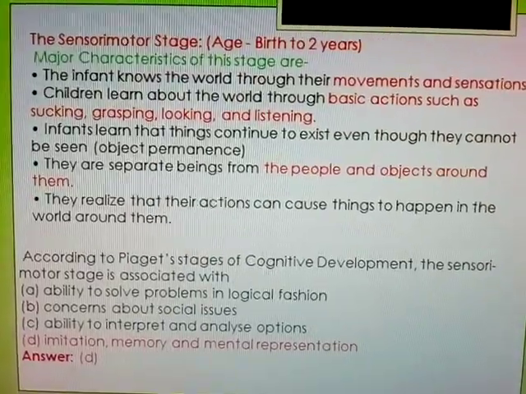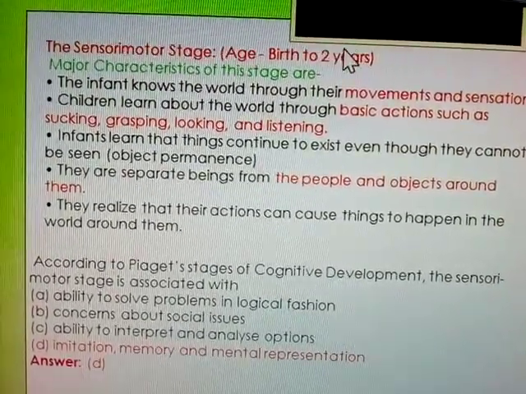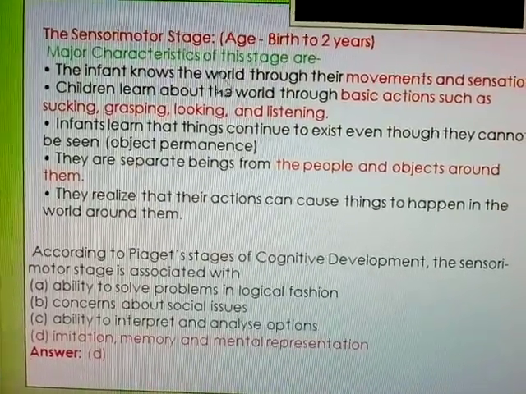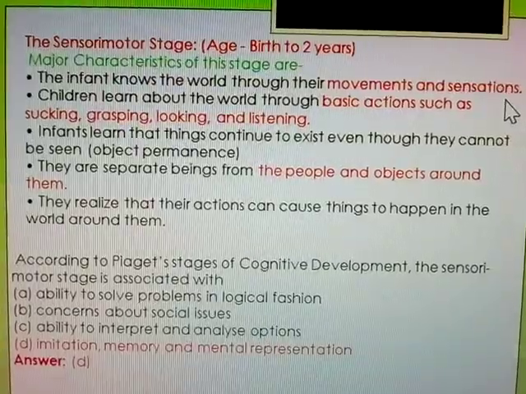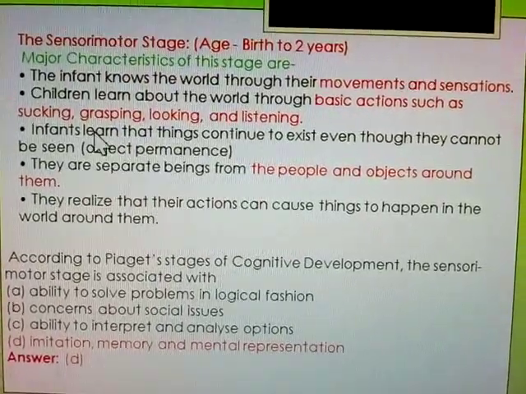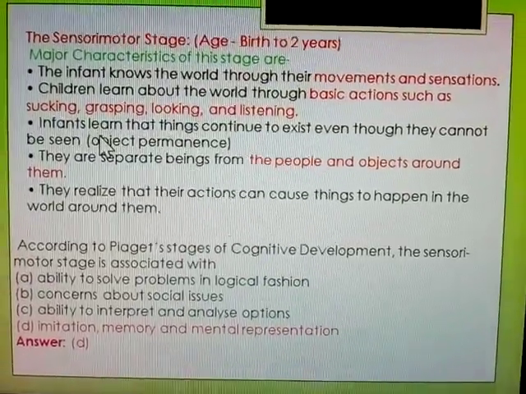Next, the sensorimotor stage is from birth to 2 years. Major characteristics of the stage: movements and sensations, sucking, grasping, looking and listening.